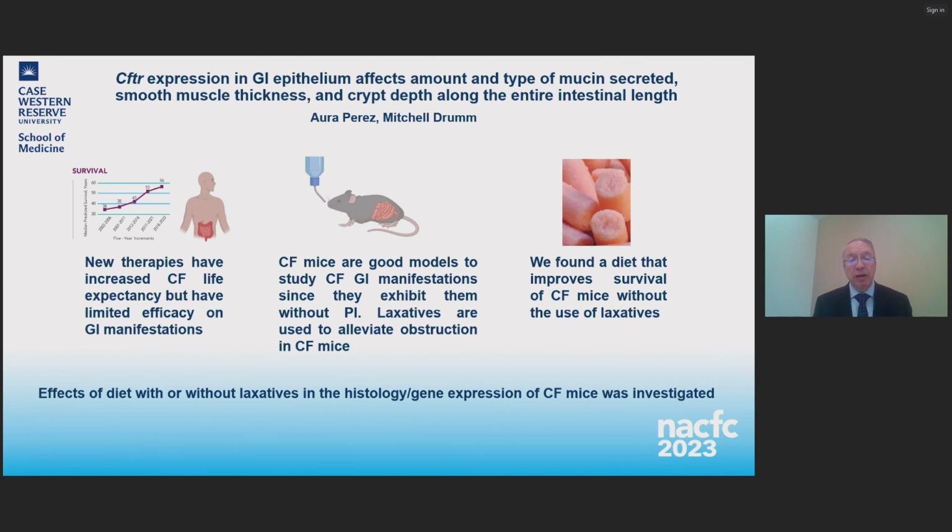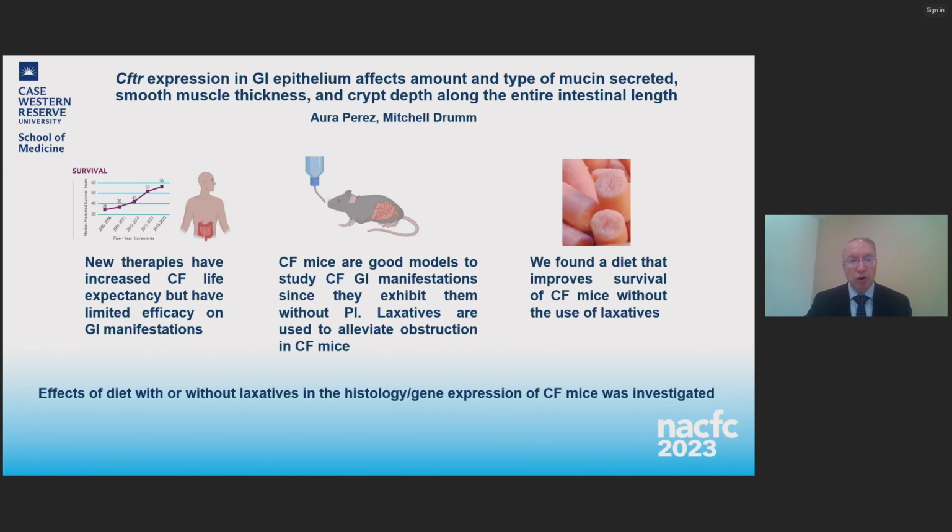And of course, there have been many articles about the intestinal inflammation and with laxatives and obstruction, which we see in the CF mice. And this abstract will be about a diet for the CF mice and looking at the effects of that. And that will be the first talk.